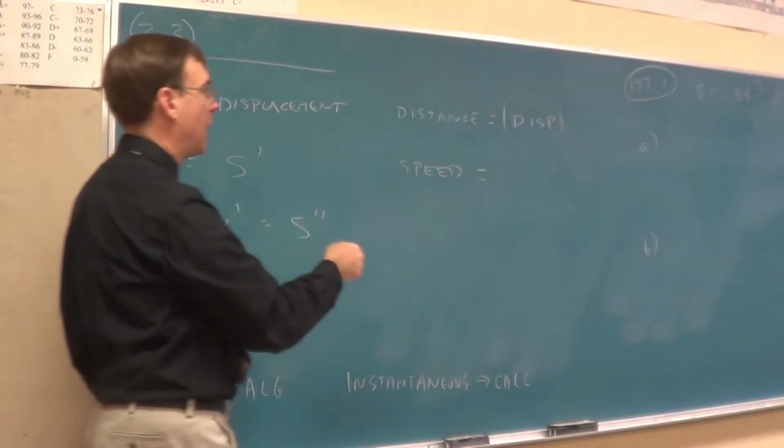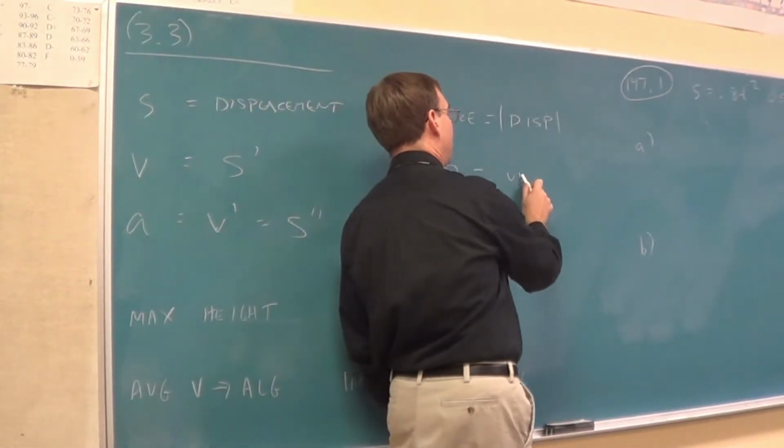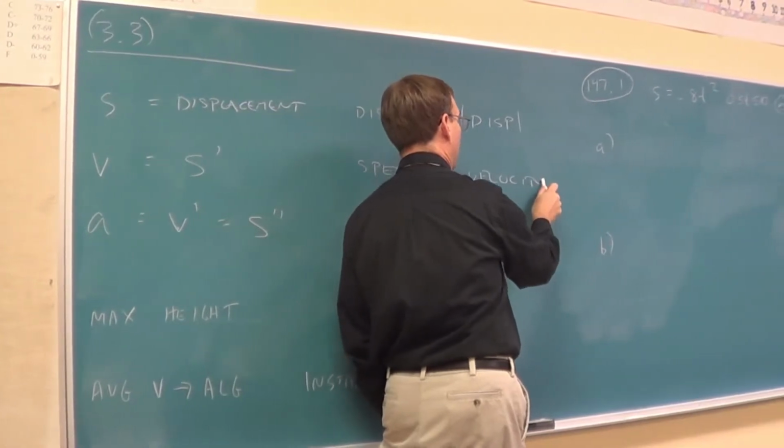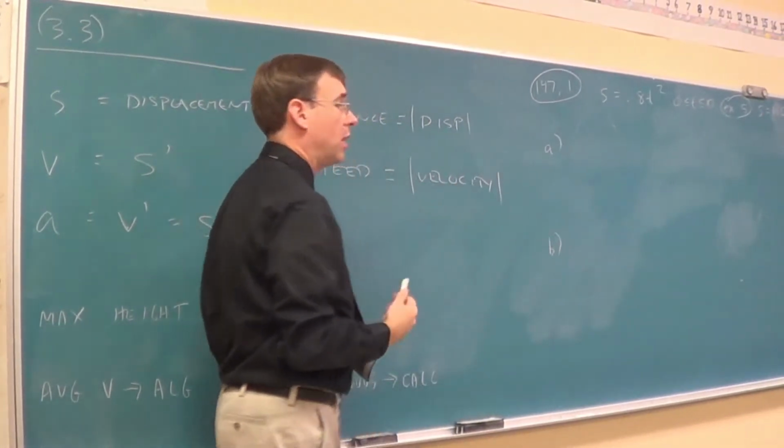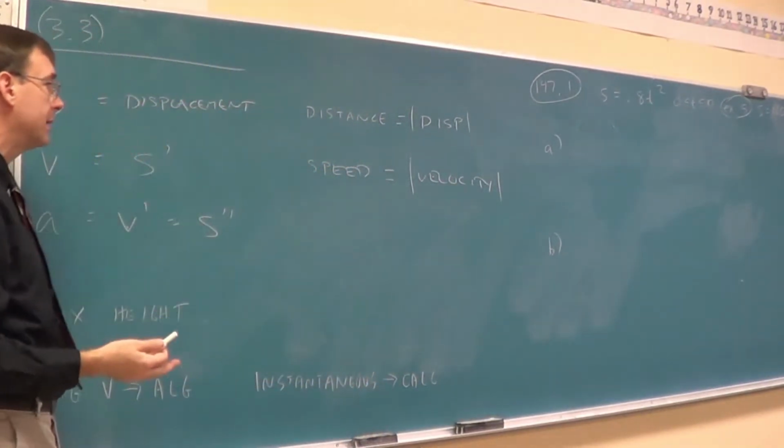Speed and velocity, likewise. Speed is sometimes simply the absolute value of velocity. Velocity might be positive or negative depending on direction.